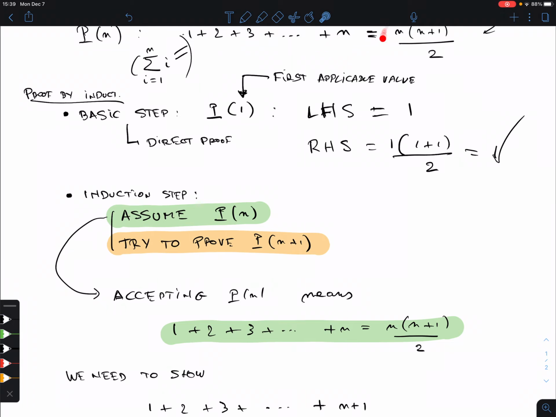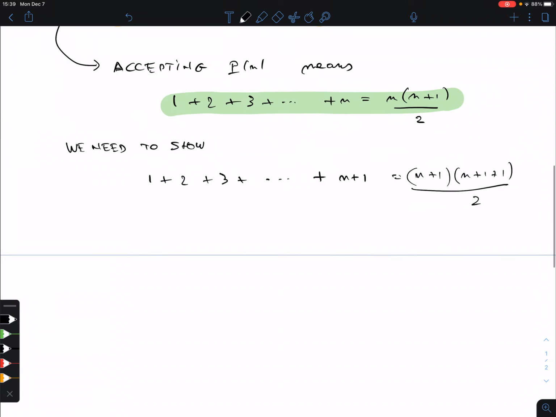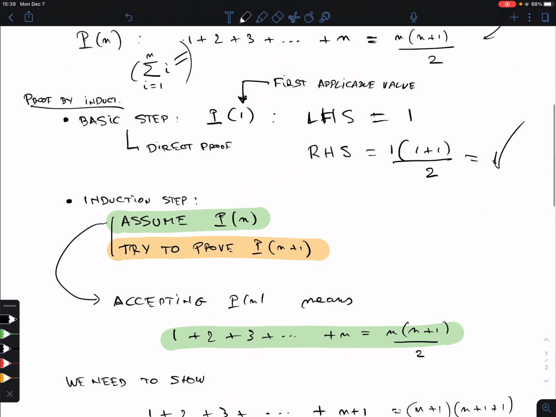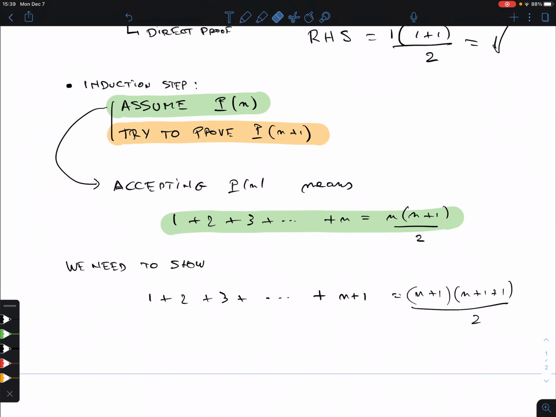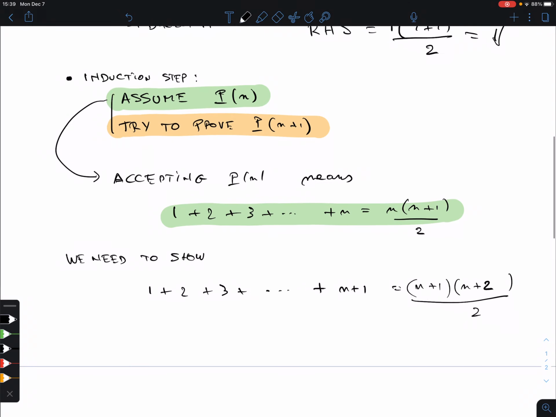And now here, this would become n plus 1 times n plus 1 over 2. Sorry, I should have put it on the same spot, but I hope you see it here, right? Replace n by n plus 1, and this n by n plus 1. So of course, n plus 1 plus n plus 1, that is n plus 2. So I'm going to actually write it that way, otherwise you might say, what weird thing are you writing there? Okay, so this is what I need to prove.